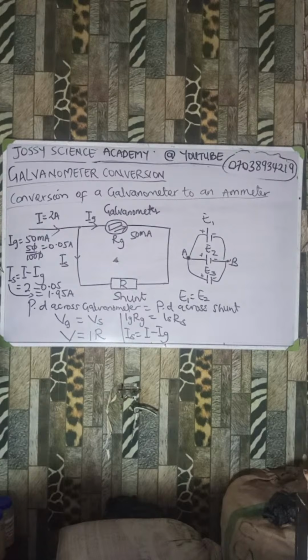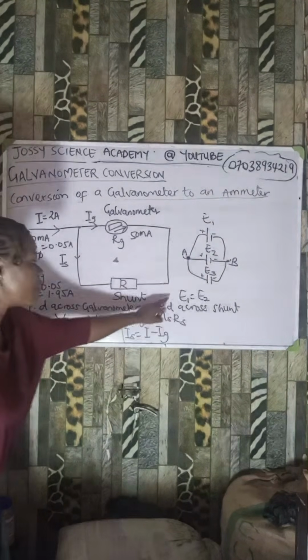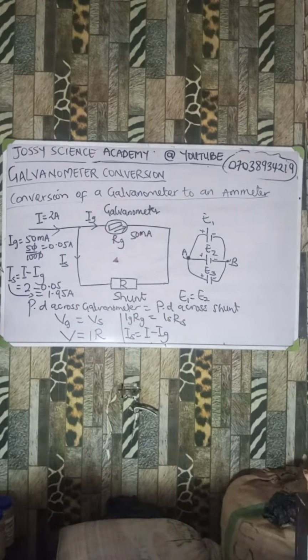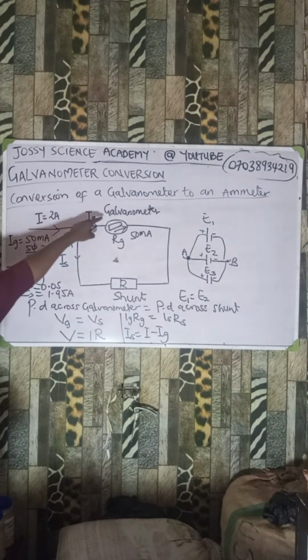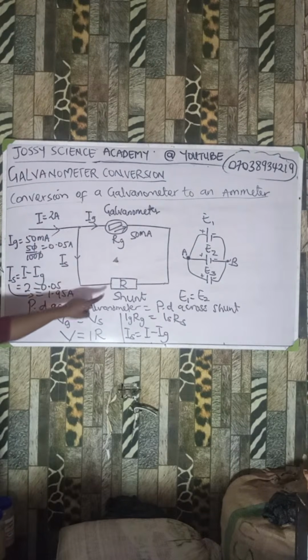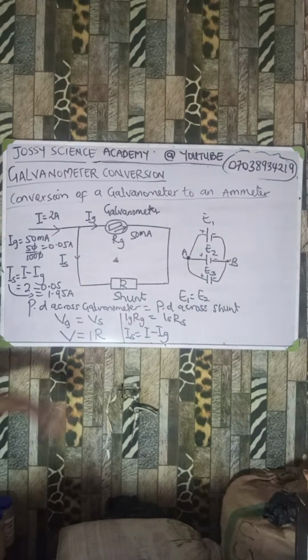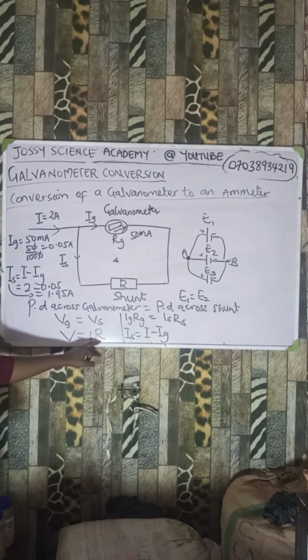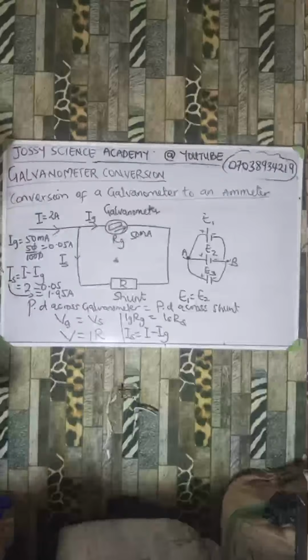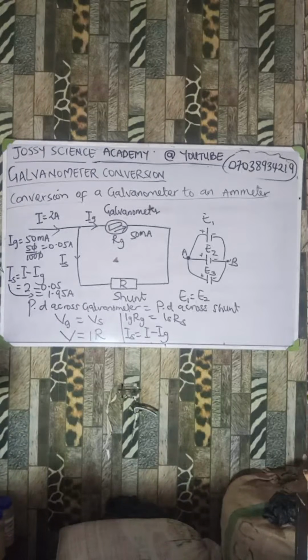Is it clear? Remember I'm using the concept of what we did yesterday in current electricity: if you're calculating PD or EMF of cells in series, the total PD here equals the total PD in the second cell. The same way, the PD across the galvanometer equals the PD across the shunt. So VG equals Vx, and from Ohm's law, PD equals current times resistance: Ig Rg equals Ix Rx.